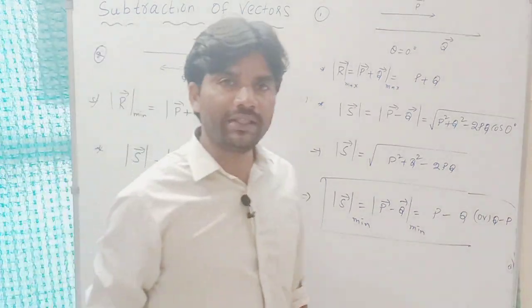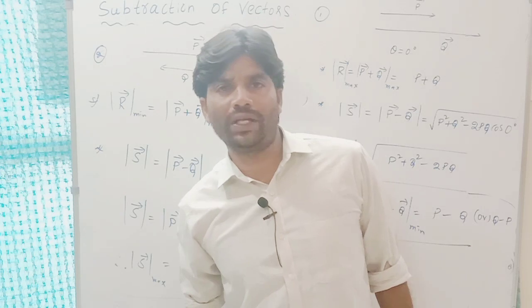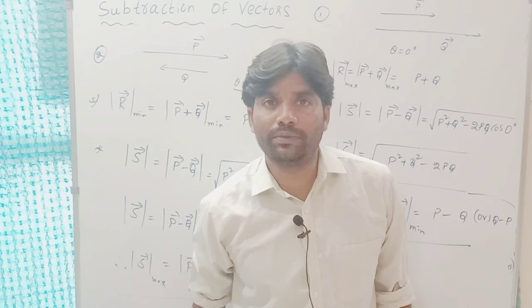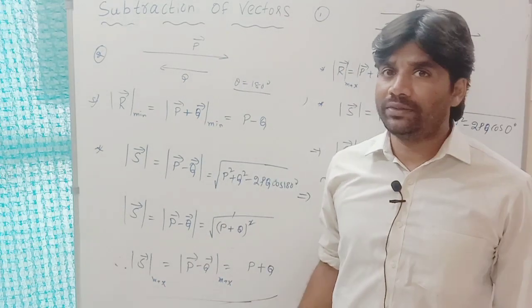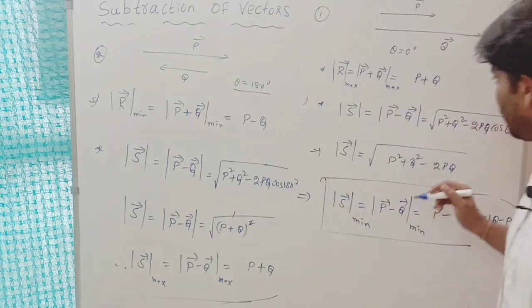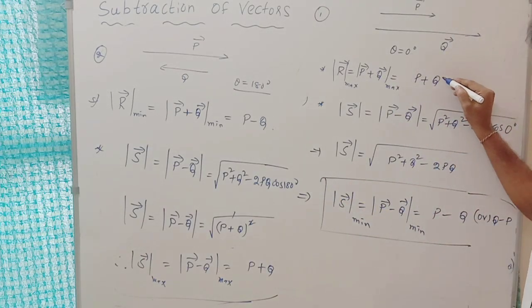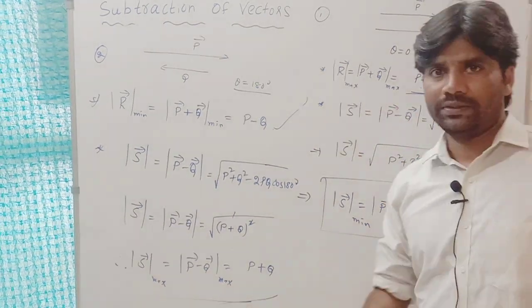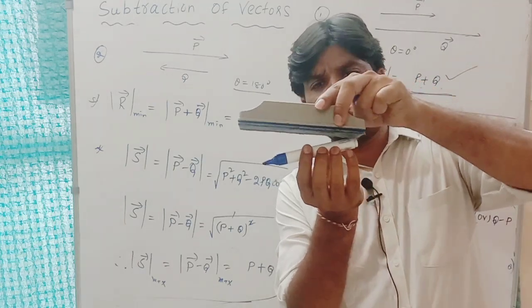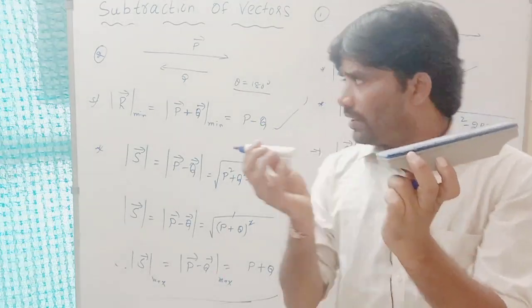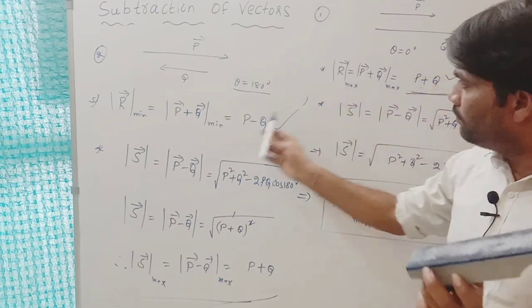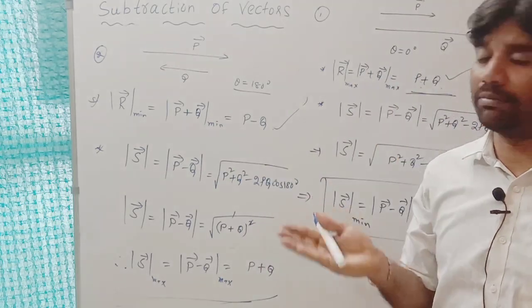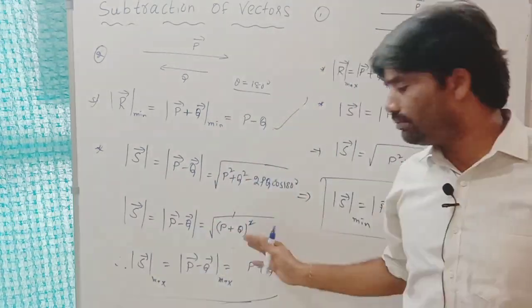So as we increase the angle between the two vectors from 0 to 180, magnitude of resultant of two vectors decreases from maximum P plus Q to P minus Q. So if these are the two vectors, when you increase the angle gradually from 0 to 180, that R value decreases from P plus Q to P minus Q. It means R value gradually decreases with increase of angle, but S value increases from minimum to maximum.